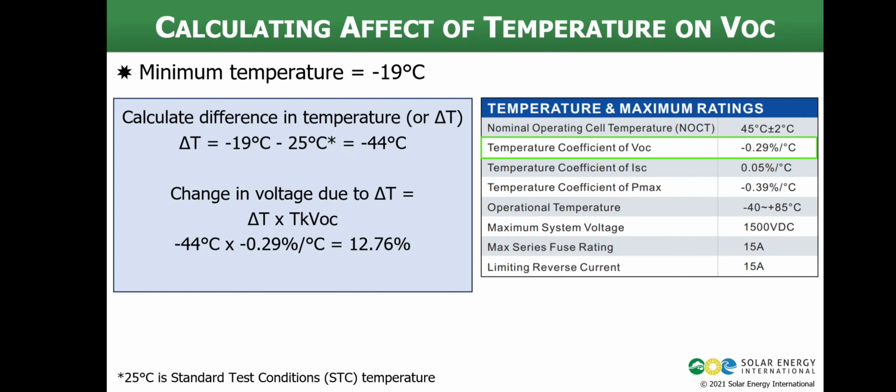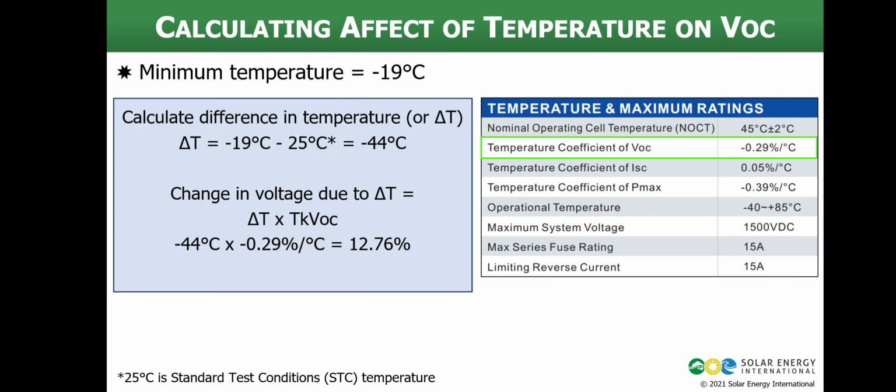Now, in this calculation, the two temperature labels, the one on negative 44 and the one on negative 0.29, cancel each other out, and the negatives also cancel each other out. You know, two negatives make a positive.